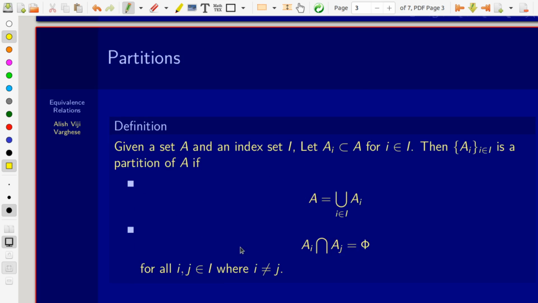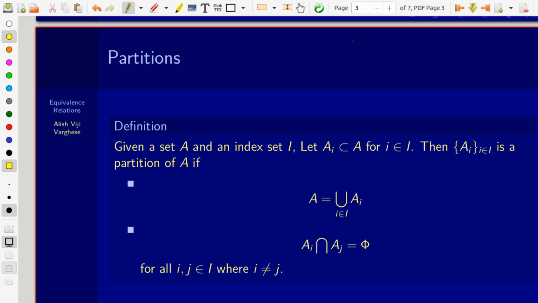Now before moving into the properties of an equivalence relation, we define another term, which is partition. Given a set A and an index set I, let A_i be a subset of A for i belongs to I. The indexed family of subsets A_i is a partition of A if capital A is the union of the A_i, and A_i intersection A_j is equal to phi, the null set, for i not equal to j.